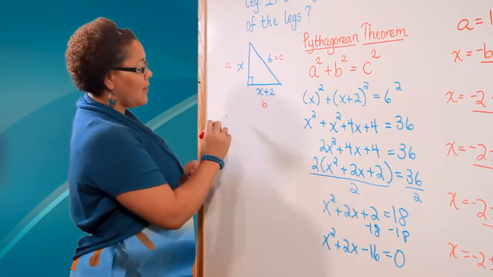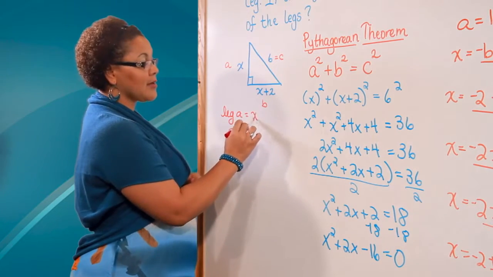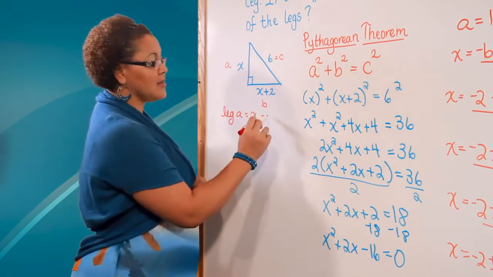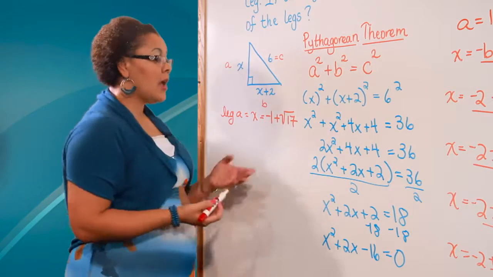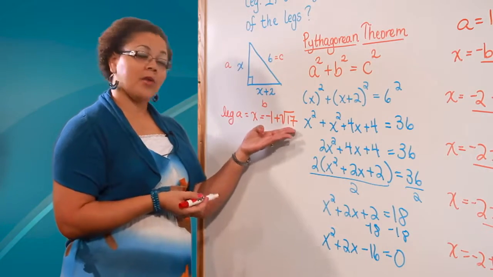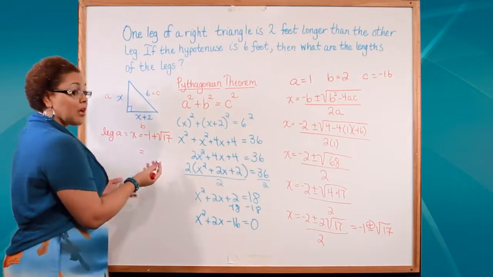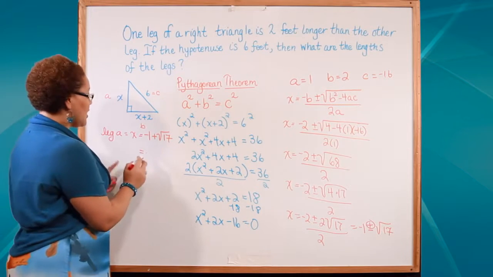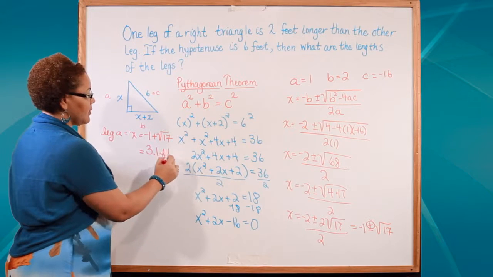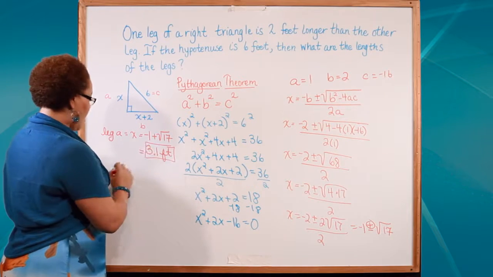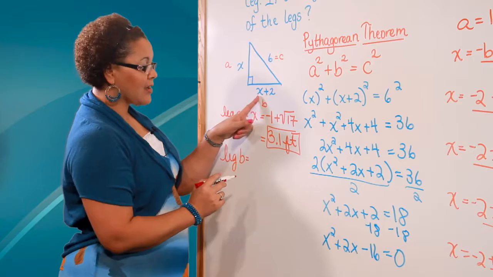So if leg A is equal to x, we have just found that x is -1 plus the square root of 17. And if you get your calculator and evaluate the square root of 17 and add a -1, you will find, and I'm going to approximate that to the tenths place, that leg A is approximately 3.1 feet. And leg B, in our expression, we have x plus 2.